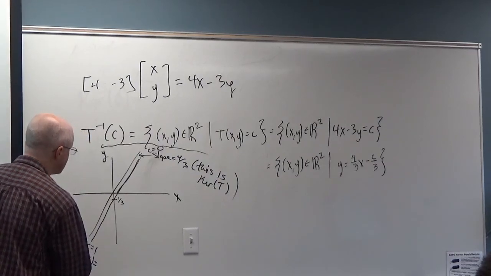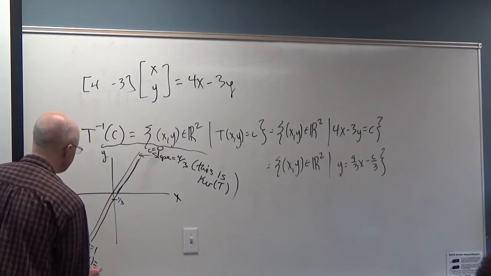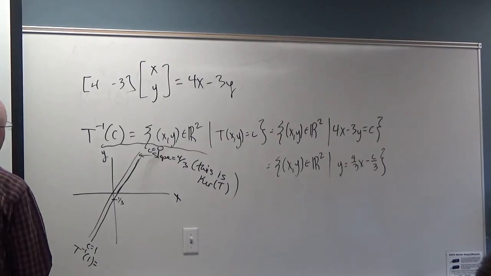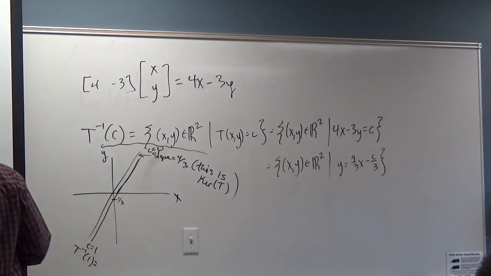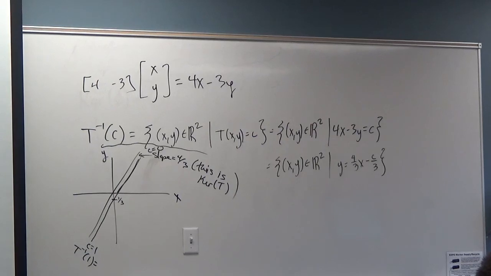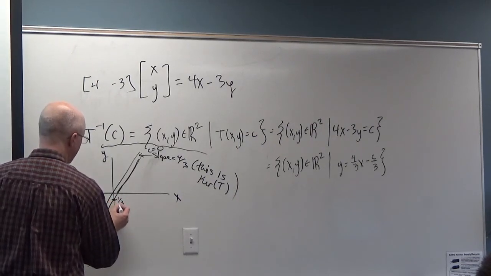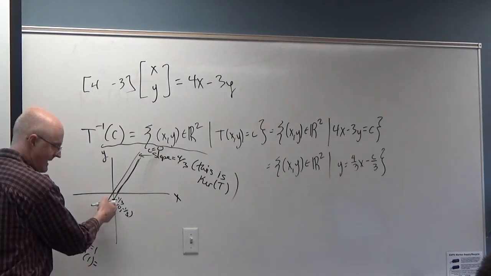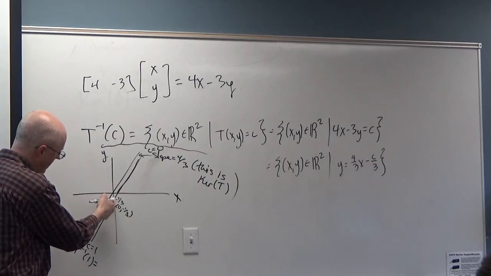You could think of this as being, gotta be careful here. What is one element that gets mapped to 1? Well, it would be, for example, the point (0, negative 1/3). That negative 1/3 refers to the tick mark on the y-axis.